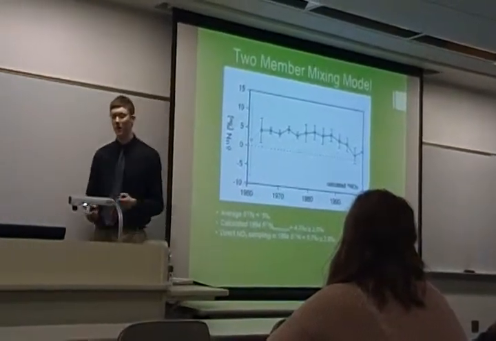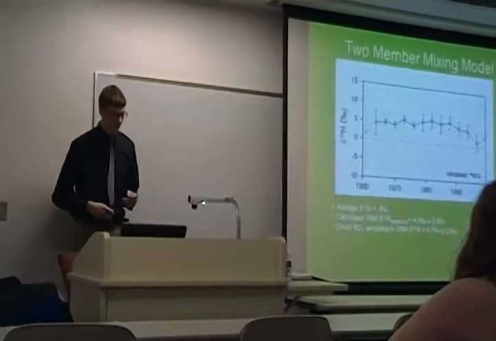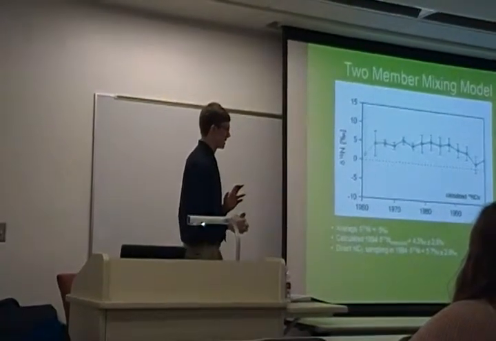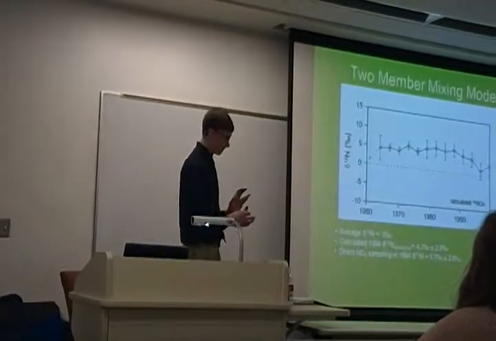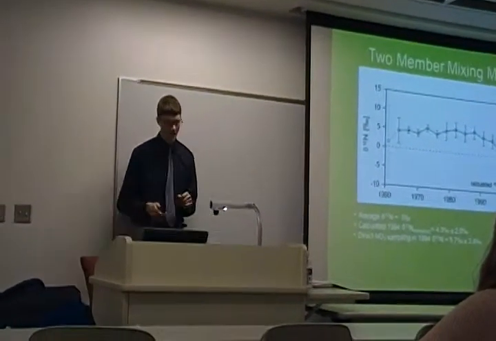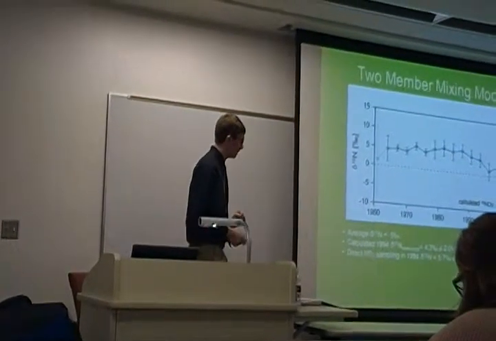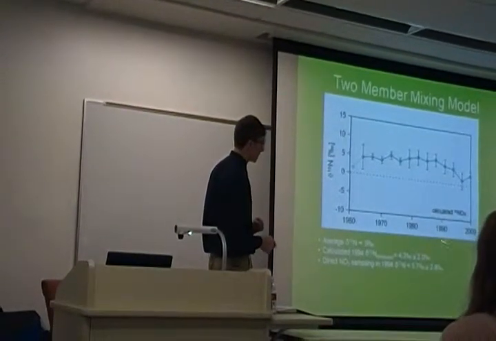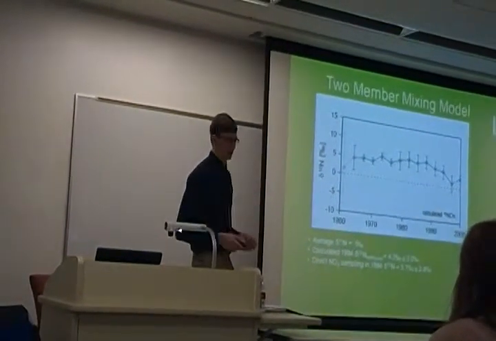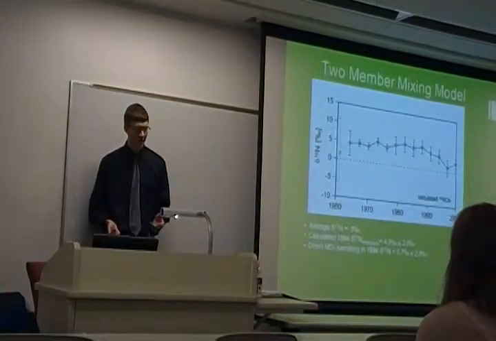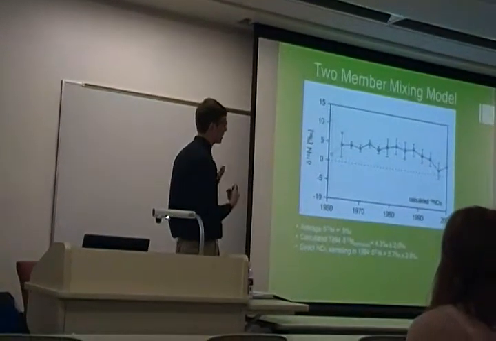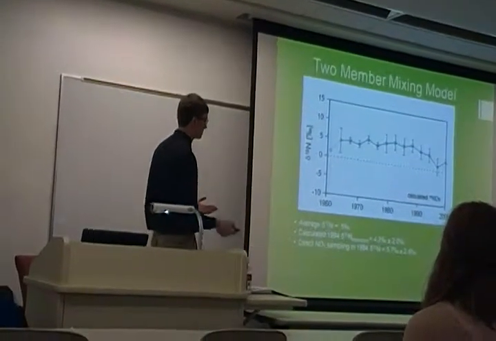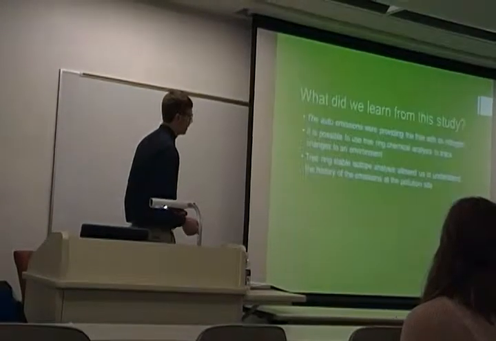And if you remember, as I talked about earlier, the nitrogen isotope ratio that was calculated just solely from the emissions of vehicles from their exhaust back in 1994, they came up with a value of 5.7 plus or minus 2.8. So these two values lie within range of each other, which is really cool because we can say that we can use the trees to measure what inputs are being put into it.